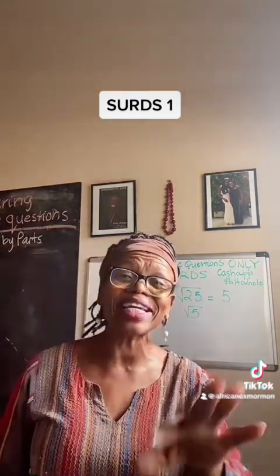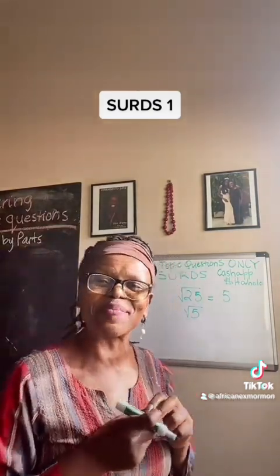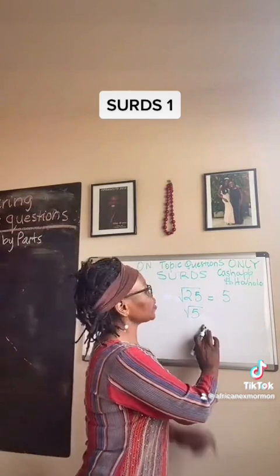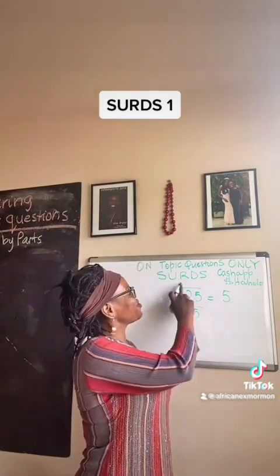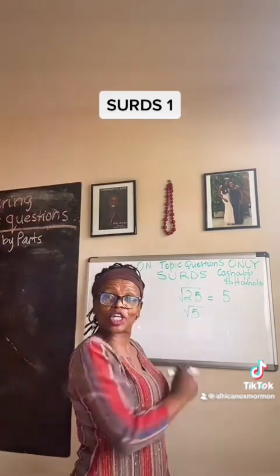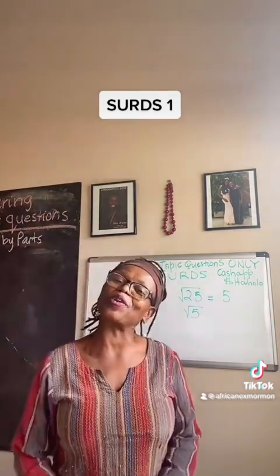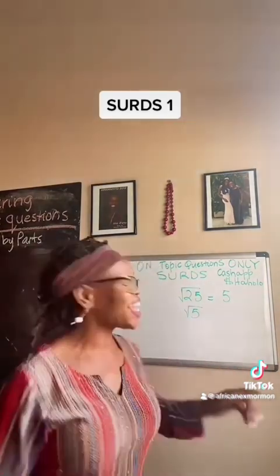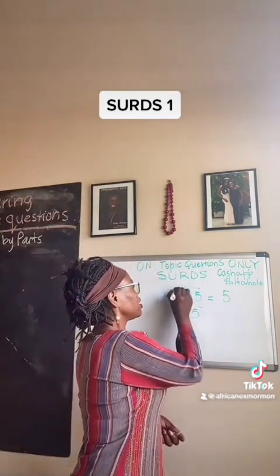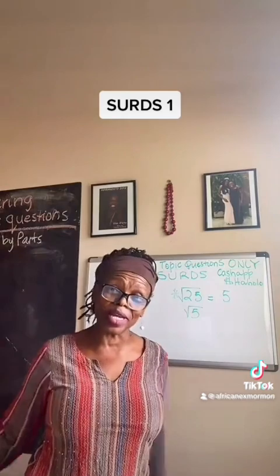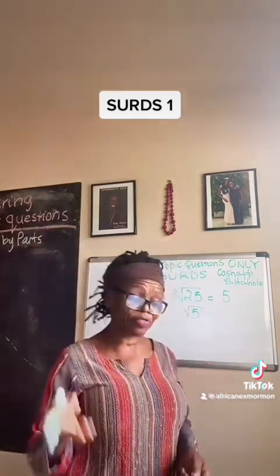If we punch it in the calculator, we get a very long number. This brings us to the topic of surds. Sometimes you are asked to find the square root of a number and the answer is not as easy as in the first case.